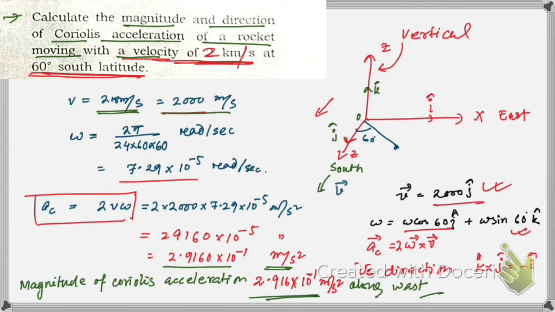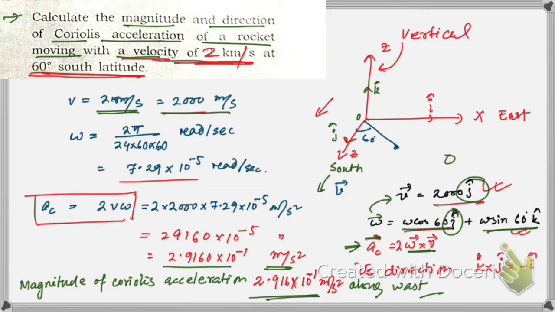Now the Coriolis acceleration in vector form is given by a_C vector equals 2 omega cross v. If you write the omega vector in vector form, you will get omega cos 60 j cap plus omega sin 60 k cap, where latitude is 60. So if you find omega cross v, j cross j is going to be 0.